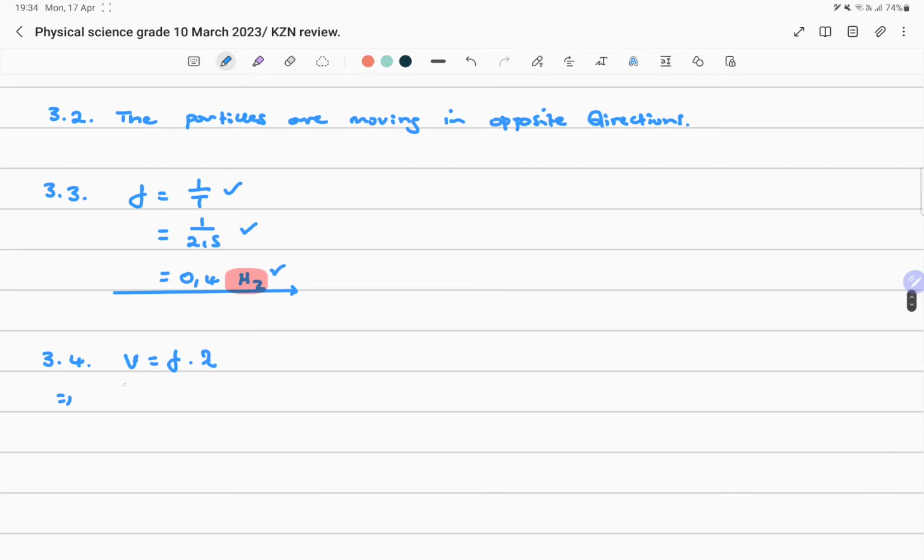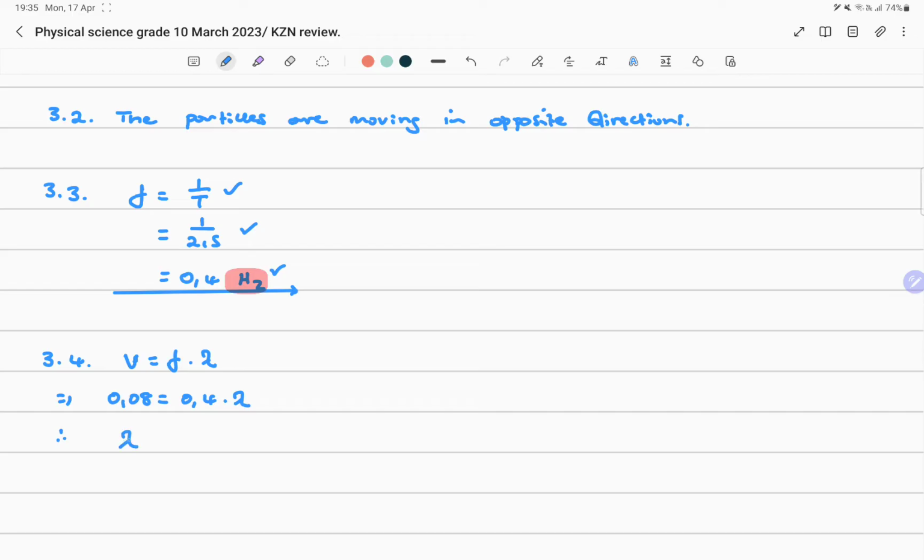So this implies the velocity is 0.08, equal to the frequency we calculated above, which is 0.4. So if it is wrong, then you're dead. Okay, and then we want the lambda.